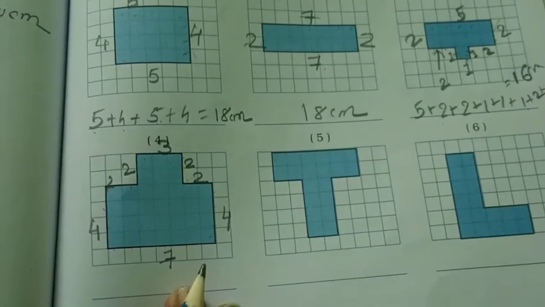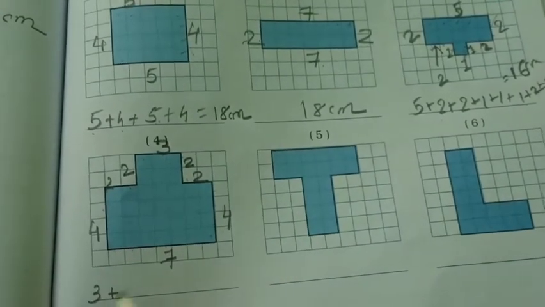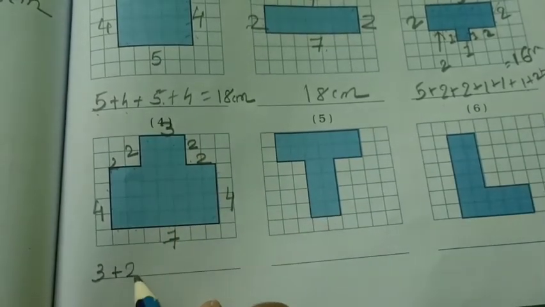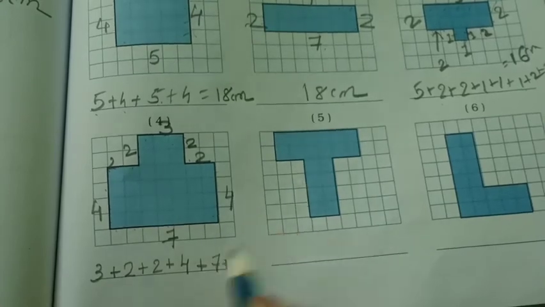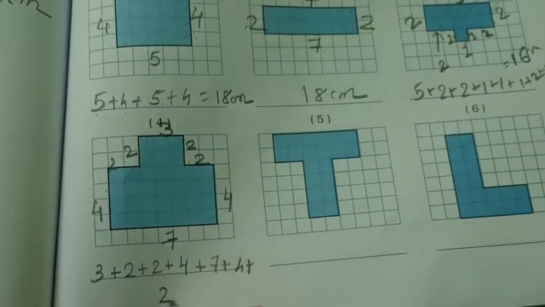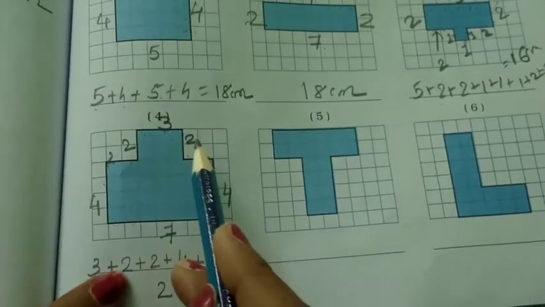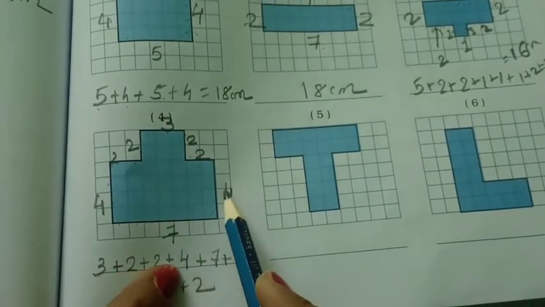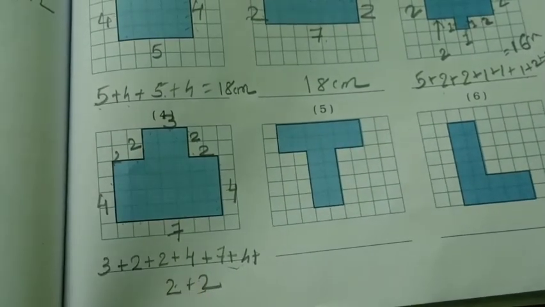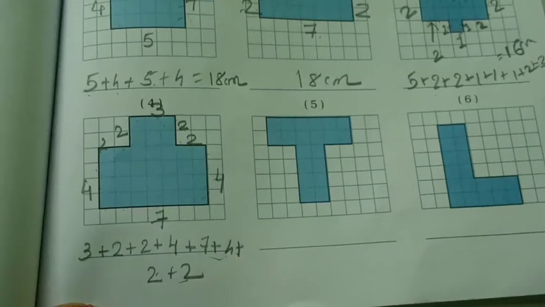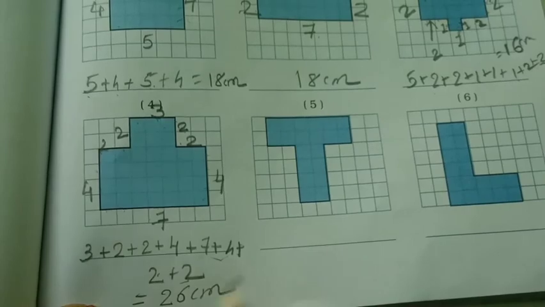First write the length of all the sides, then start writing: 3 plus 2 plus 2 plus 4 plus 7 plus 4 plus 2 plus 2. Okay, all are 3, 2, 2, 4, 7, 4, 2 and 2, and then do the addition. In total this one is 26 centimeter.